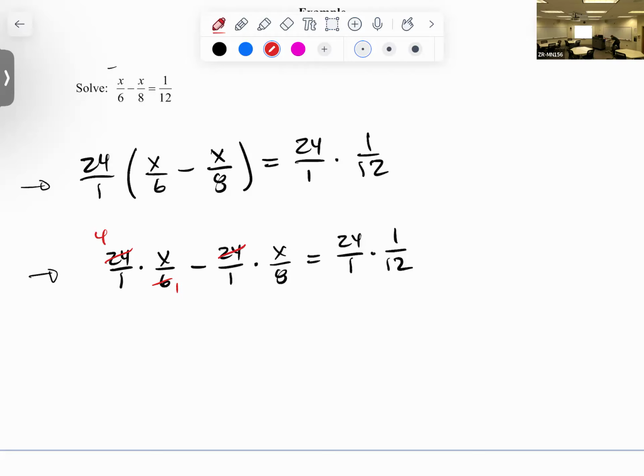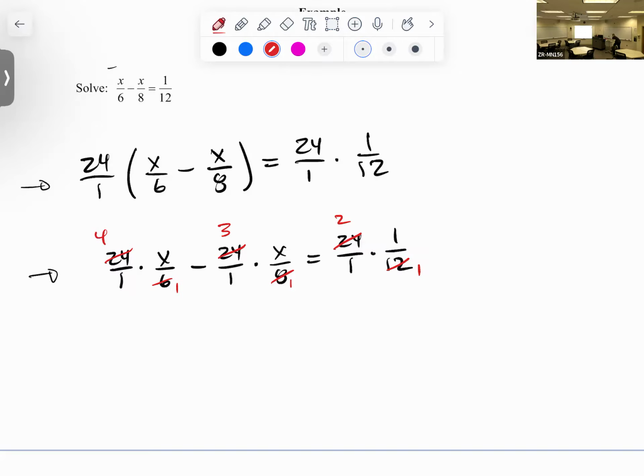Yes, you're absolutely correct. I'm just doing the numbers though, right? 8 and 24 and 12 and 24. Once again, notice what happened to all my denominators. They're all 1, which means, and this always works for solving problems.